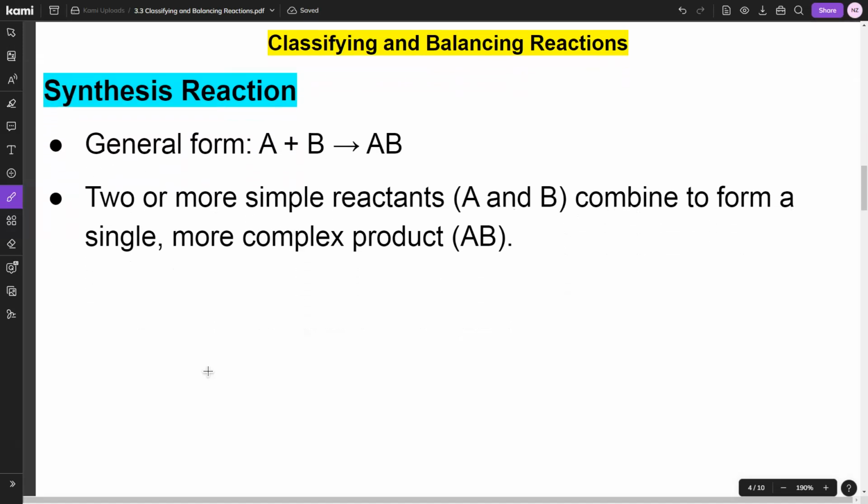Now we're going to look at a synthesis reaction. The word synthesis, if you think about it, means to make something, to synthesize something. So in a synthesis reaction, we're taking 2 pieces, a cation and an anion, and we are putting them together into a compound that contains a cation and an anion. That's it.